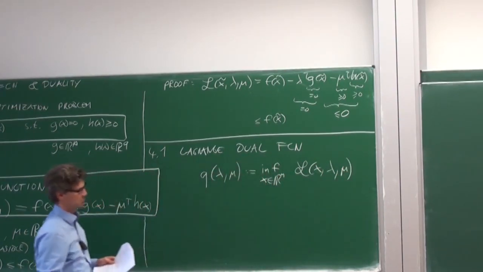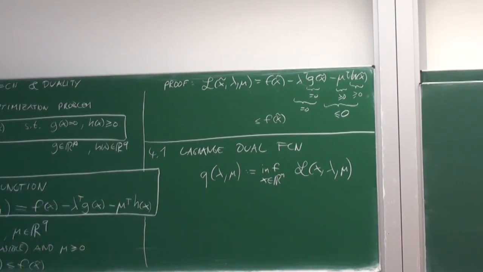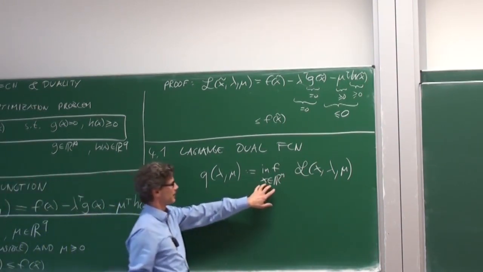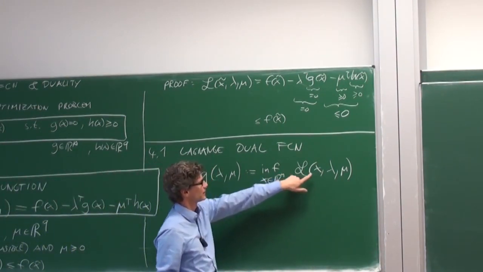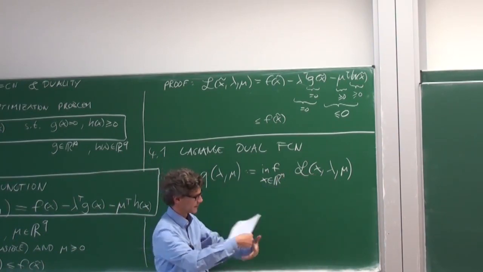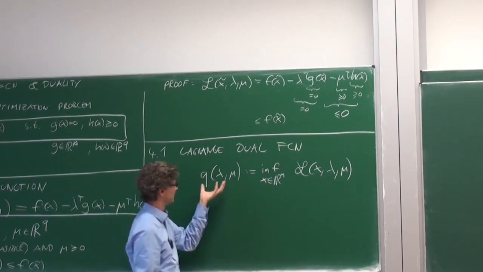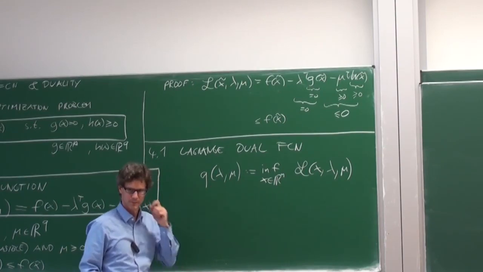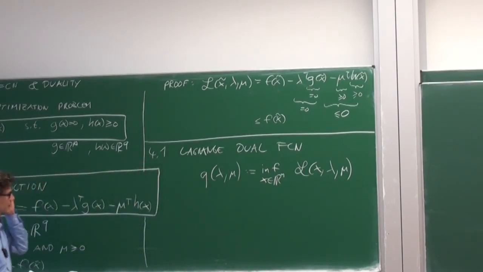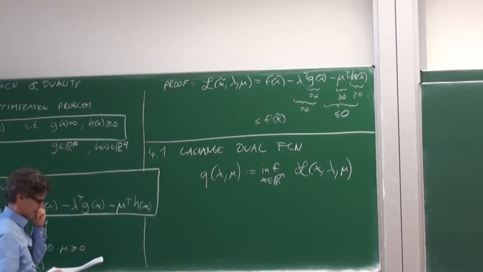So you just fix lambda and mu, some values, then you get this Lagrange function, and then you say I minimize it over all x, and by minimizing over all x you got rid of x because x is now minimized away, and you get a function which only depends on lambda and mu. And this Lagrange dual function is a very interesting function.